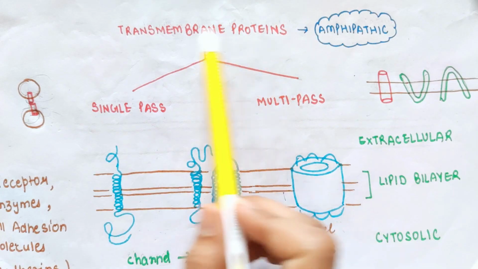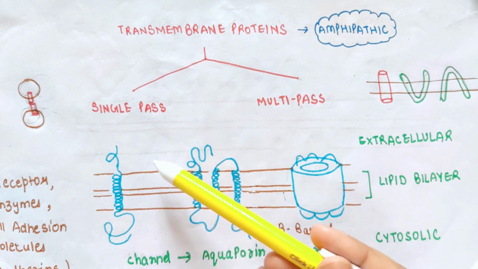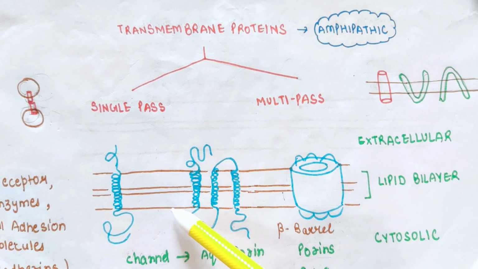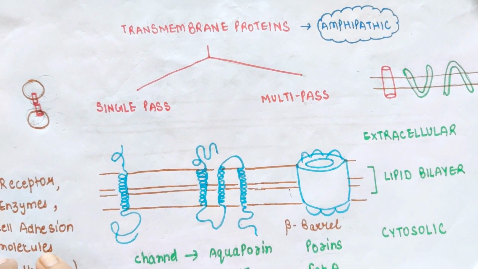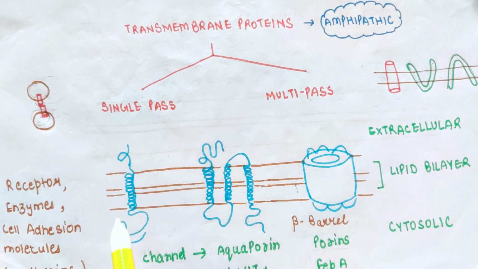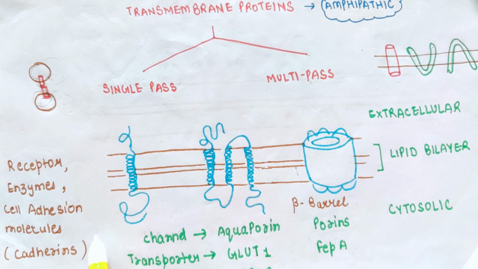Now, since these transmembrane proteins are in contact with both the extracellular as well as the intracellular side of the cell, they serve different functions. If we talk about these single pass proteins, they serve the functions of receptors, enzymes, and cell adhesion molecules like cadherins, which are involved in cell-cell adhesion.